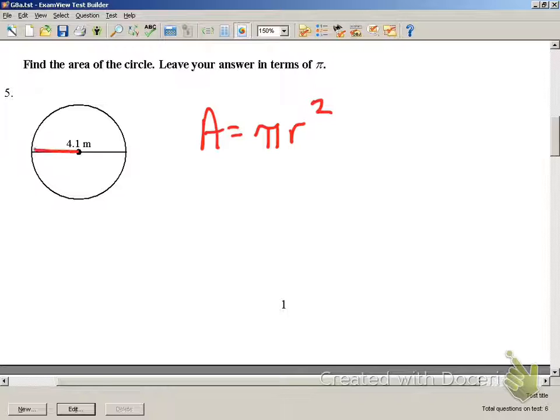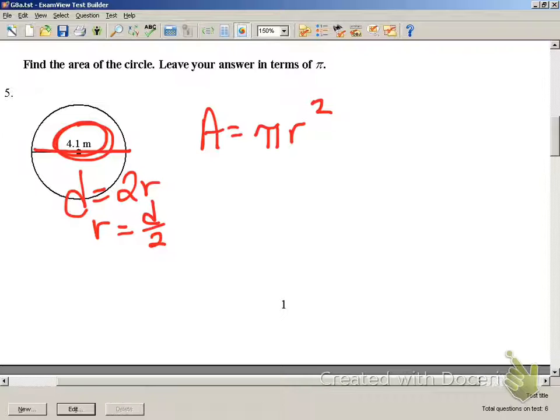Well, here, this is the diameter. The diameter equals 2r, or r equals the diameter divided by 2. So simply to find the radius, I have to say 4.1 divided by 2 before I can do anything else. So 4.1 divided by 2 is 2.05.